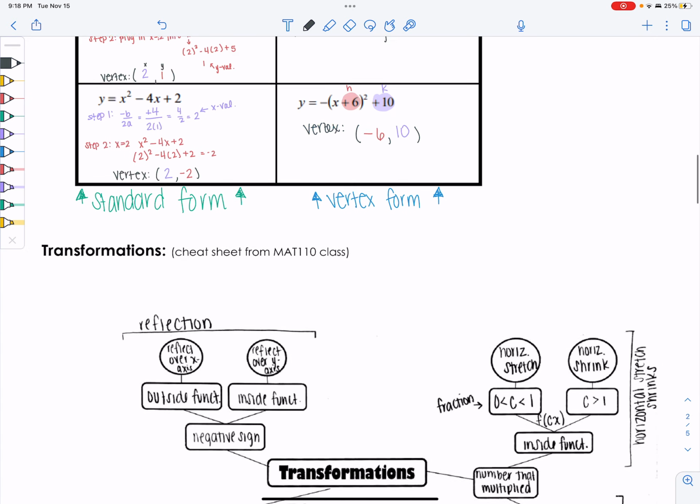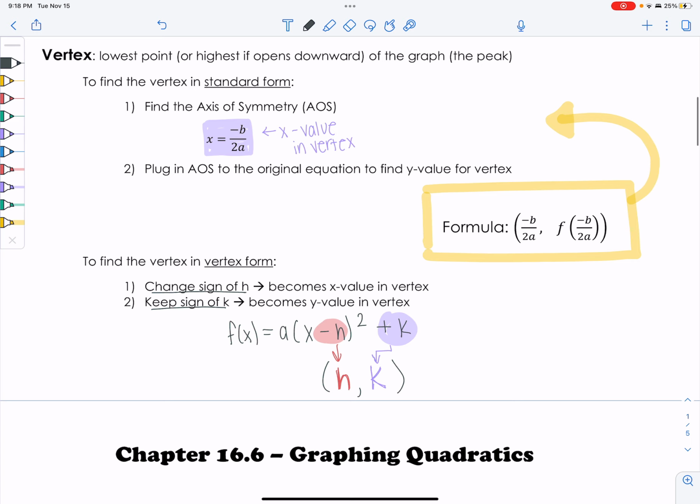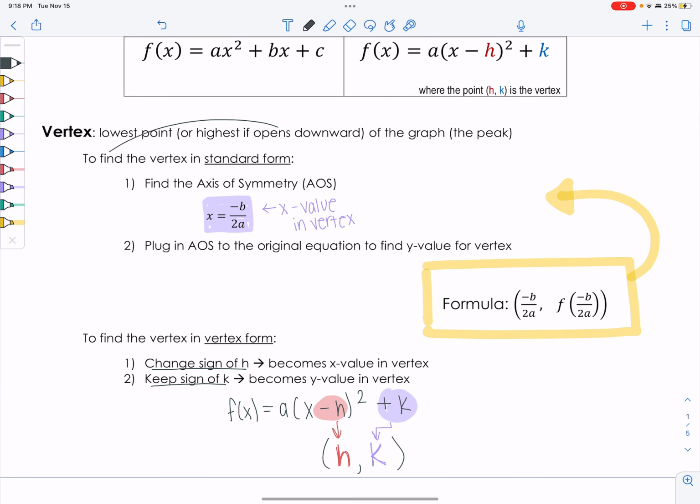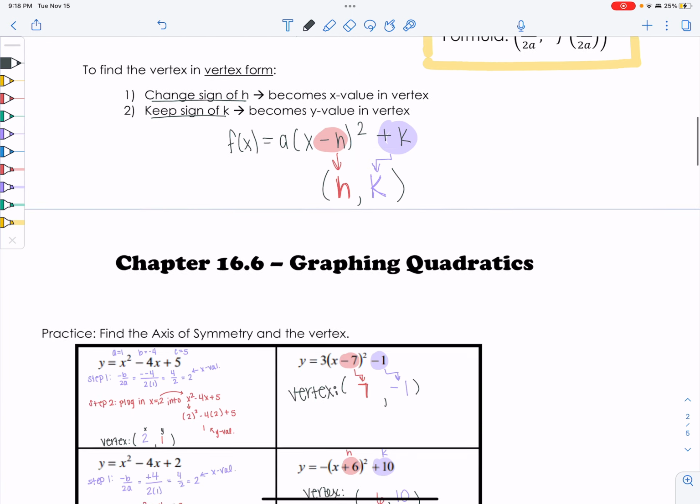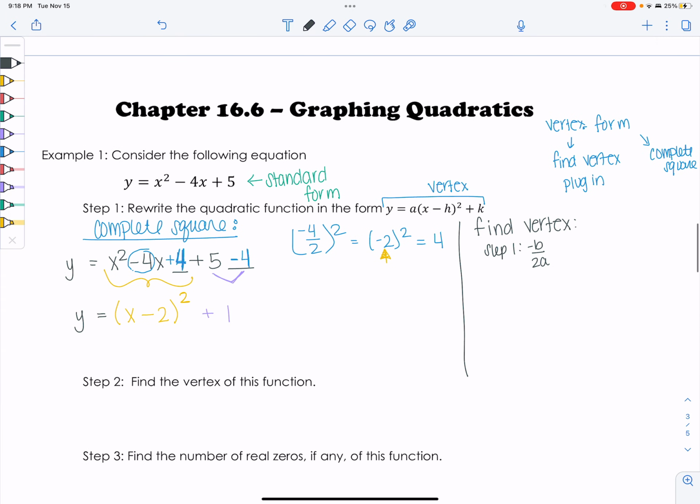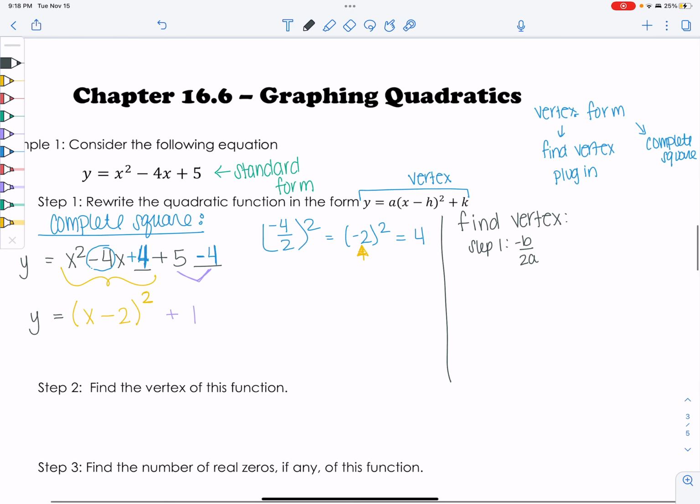So I'm going back to this equation. Negative b, negative 4 is going to be a positive 4, over 2 times a, which is 1. 4 divided by 2 is going to give me 2. That's going to be my x value.